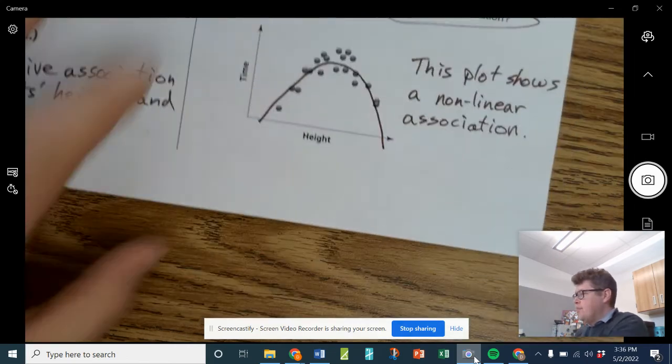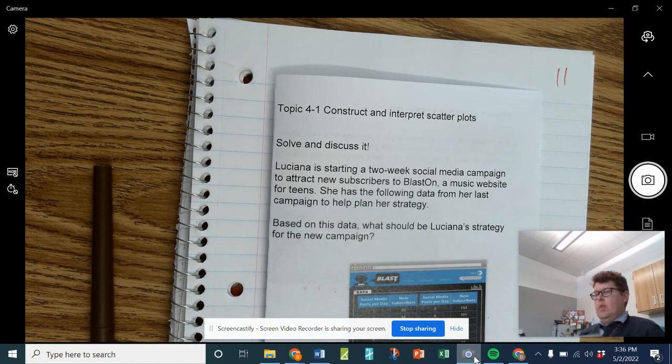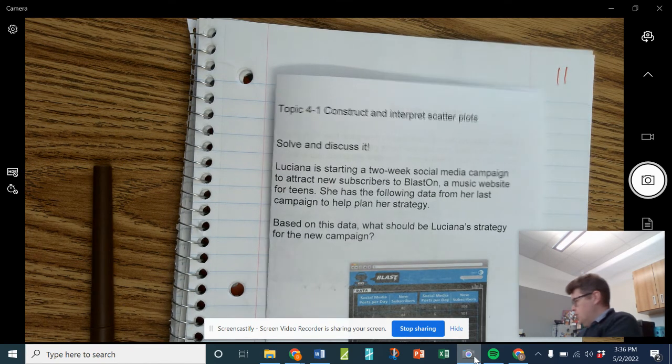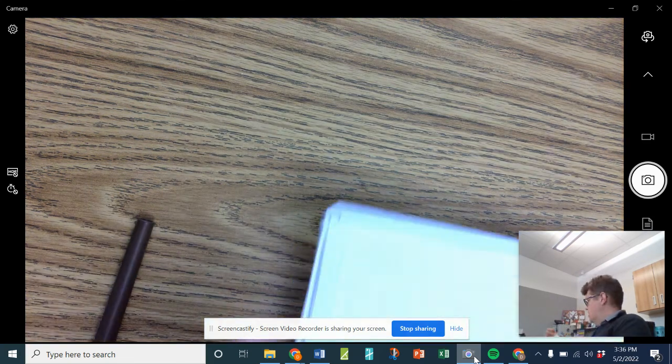Okay. So take that, put it in your notebook. I'm going to call this 4-2. Go on page 12. What is this? Linear associations?